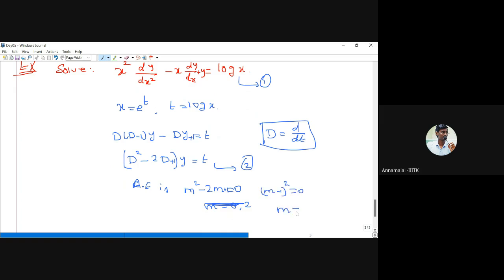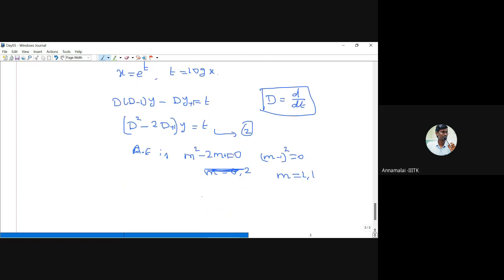Therefore m equal to 1, 1 are the roots. Okay, therefore we know the complementary function. The complementary function is c1 plus c2 times x, because the roots are repeated, times e power. Okay, not x, you have to take t, because here the independent variable is now t. Don't use x. c1 plus c2 times t into e power 1 times t.